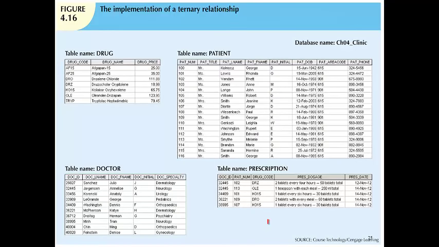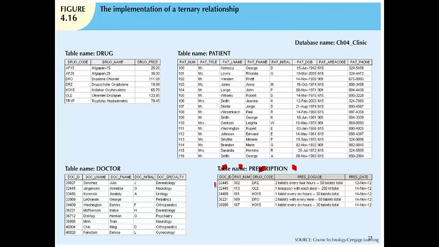So here, where we have the implementation of our ternary relationship, the key thing I think to see is that prescription, and I guess you already knew this because of the one-to-many relationships there, really has a foreign key for each one of the other entities in the relationship, for each one of the relationships that are ternarily related.